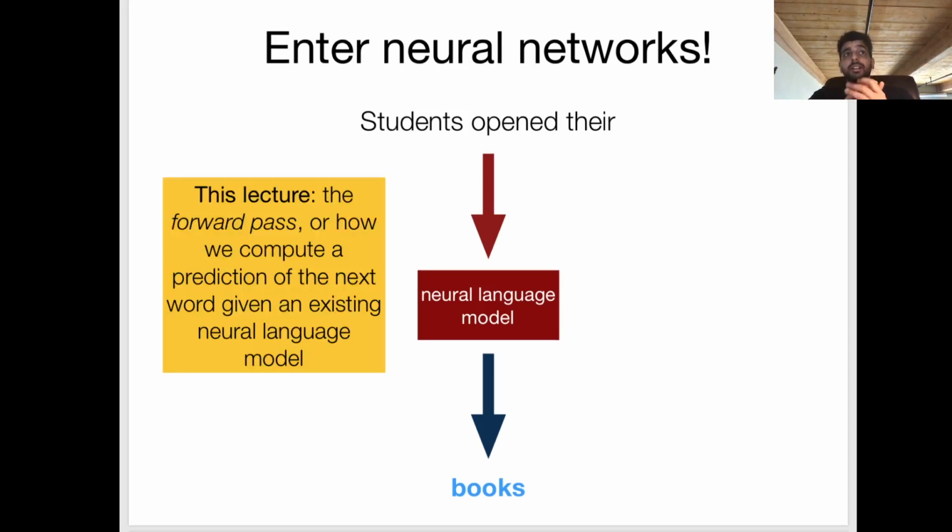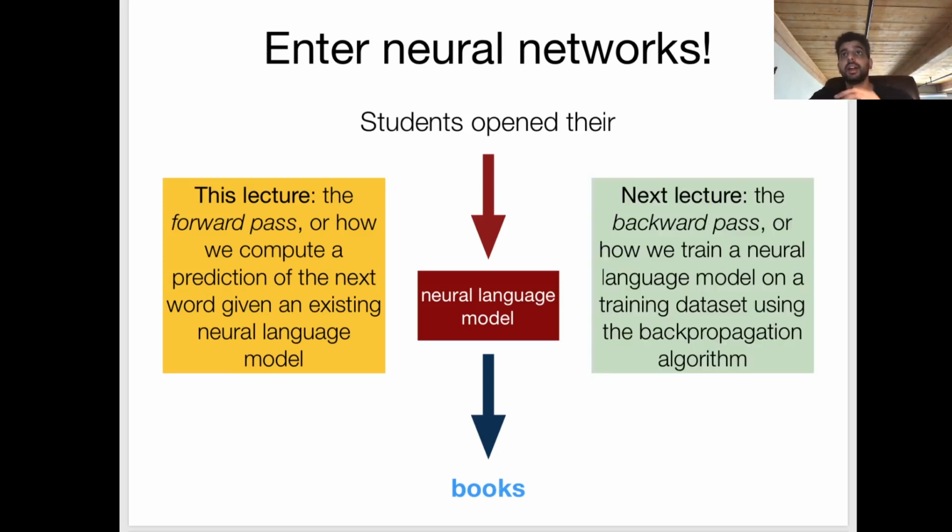So at a high level in this lecture, we're going to be focusing on the forward pass of these models, which means we're just going to assume we have the parameters of a neural language model, an existing language model, and we're going to go through how we go from the raw text students open there to the prediction of the next word books. In the next lecture, we're actually going to talk about how we train these models.